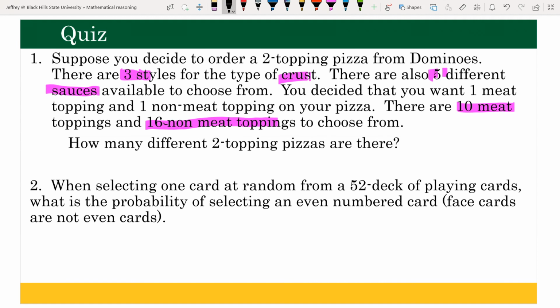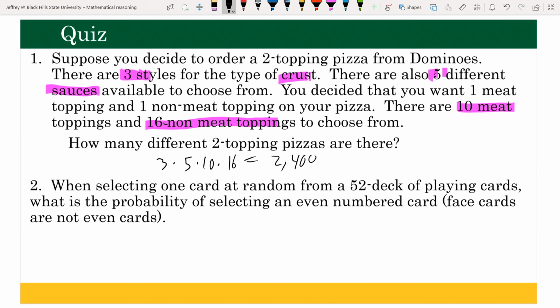Since we have to choose one of each of these different options, that means we're just going to multiply all of these together. So we're going to take 3 crusts times the 5 sauces times the 10 meat toppings times the 16 non-meat toppings. Multiplying these together, and we end up with 2,400 pizzas.